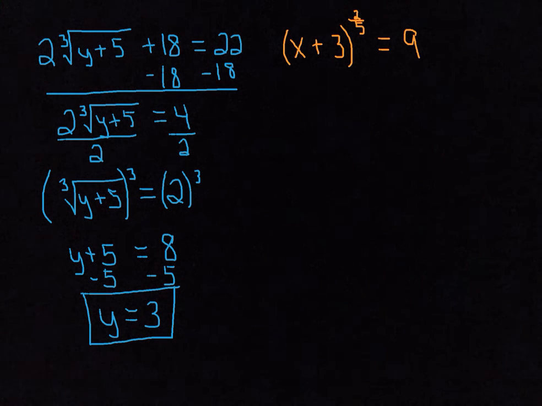We have x plus 3 to the 2/5 power is equal to 9. Now, we're trying to get x by itself, and this is a fractional exponent, so if I could get that to the first power, then I would have just x plus 3.